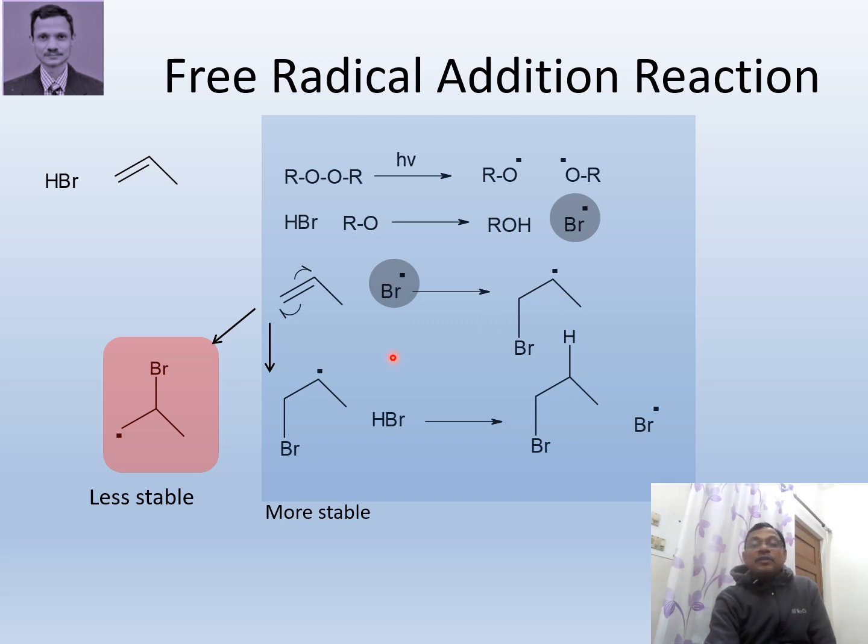So in the next step, this alkyl radical will react with hydrogen bromide to give the bromo product. So this is a nice example of free radical addition reaction.